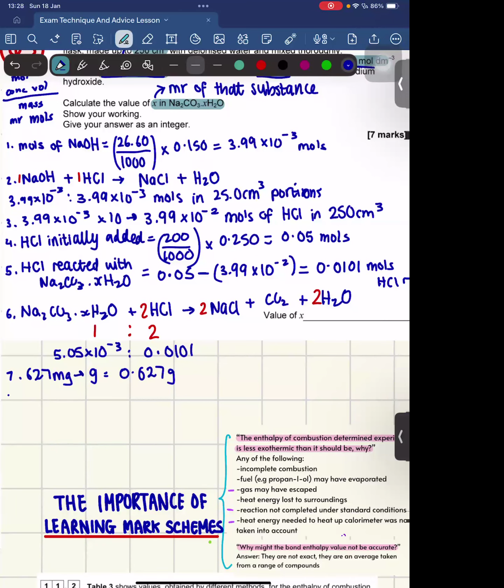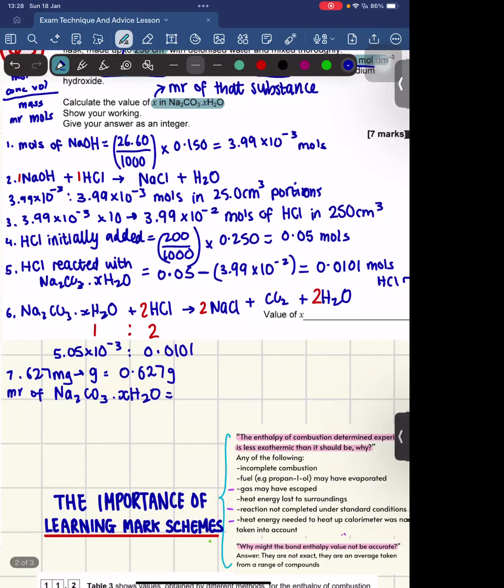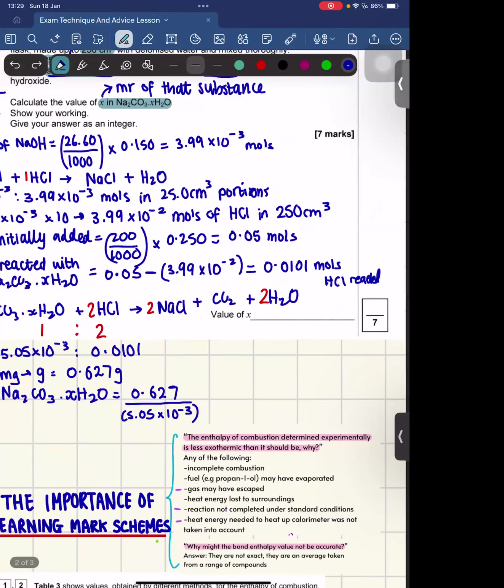So then if I'm doing my MR of Na2CO3.XH2O, it's going to be my mass over the moles. So mass is 0.627 over the moles, which is 5.05 times 10 to the minus 3. Ignore this stuff, by the way, that's for a later question.